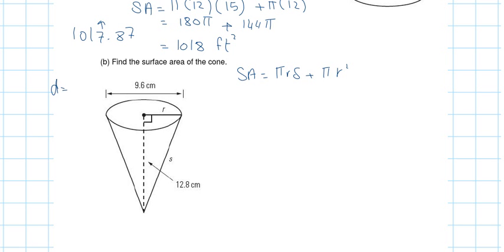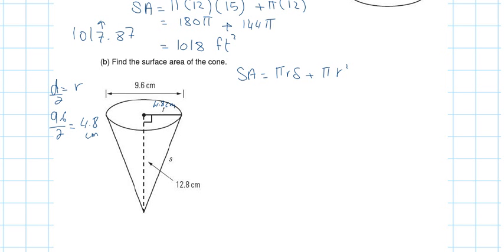So that's 9.6 over 2, and that gives you 4.8 centimeters. Okay? Do I know my slant height?